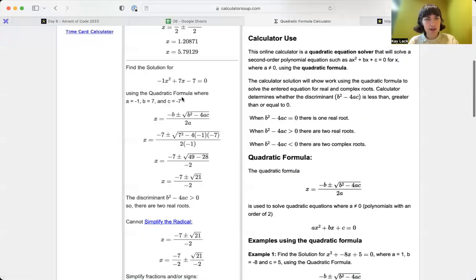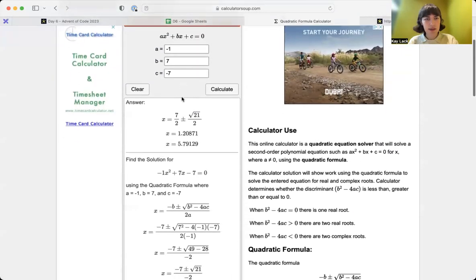And then we need to change anywhere the C appears.